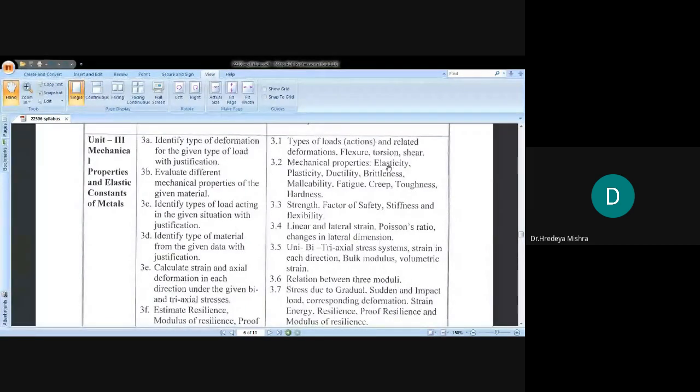Plasticity is the opposite of elasticity, which means we can say plastic deformation. What do you mean by plastic deformation?